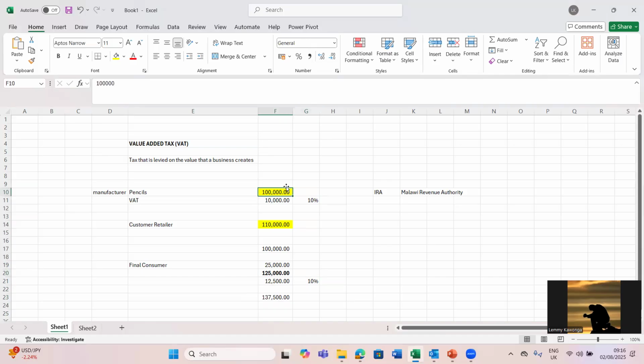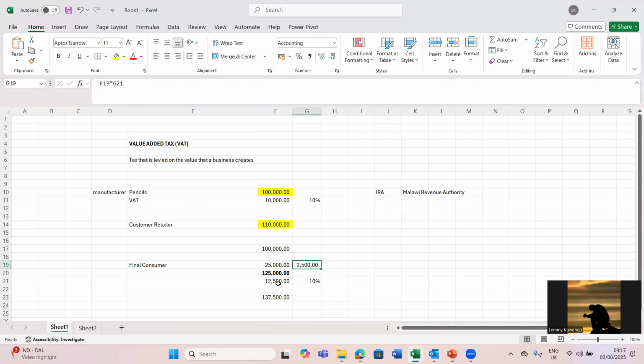So what is happening here? This manufacturer had created a value of 100,000, and the VAT was 10,000. The retailer, out of the 100,000, created a value of 25,000. So what is 10% of 25,000? This retailer, having created the value of 25,000, there is extra VAT of 2,500. So in short, this is how the VAT works.